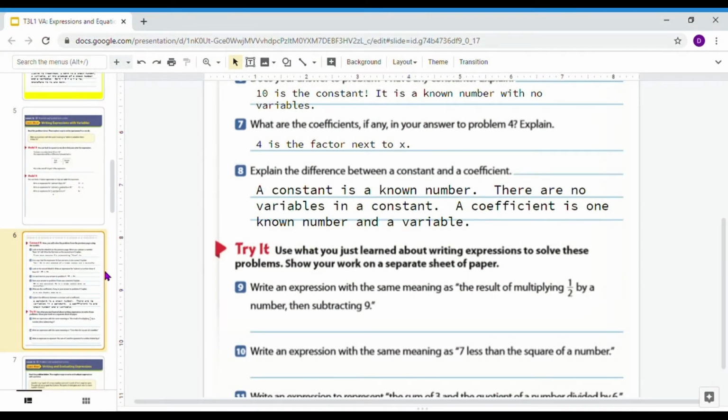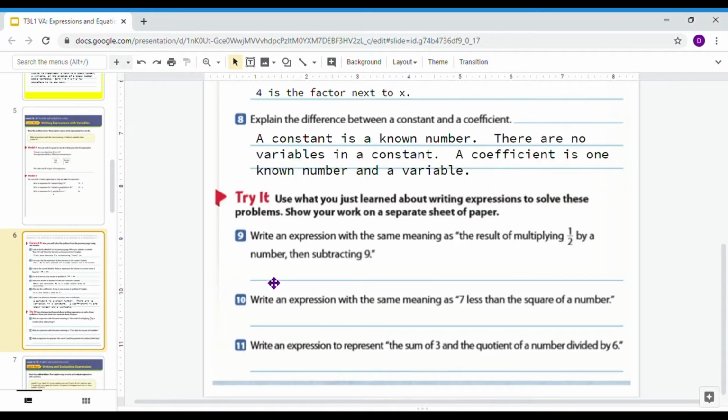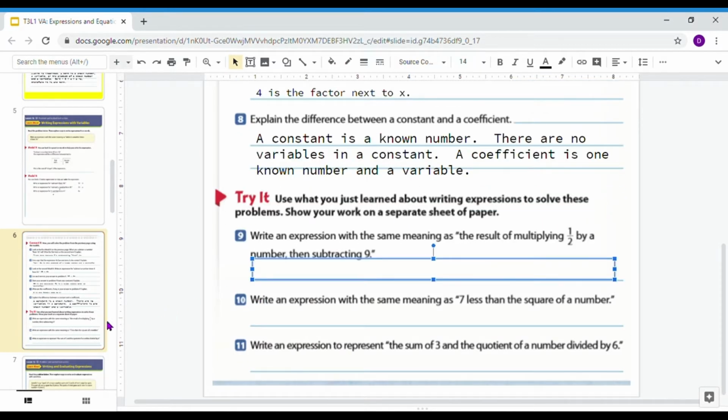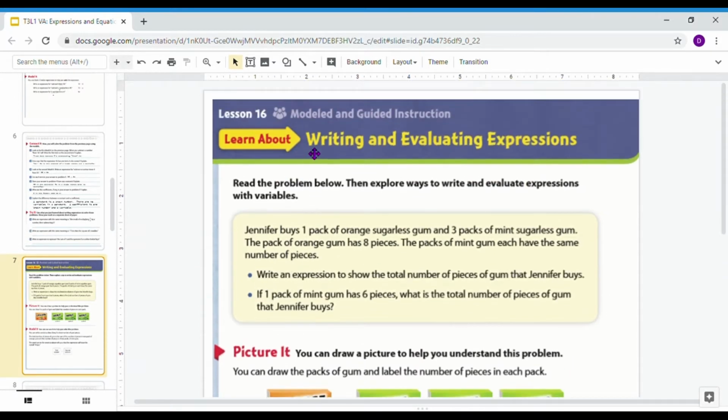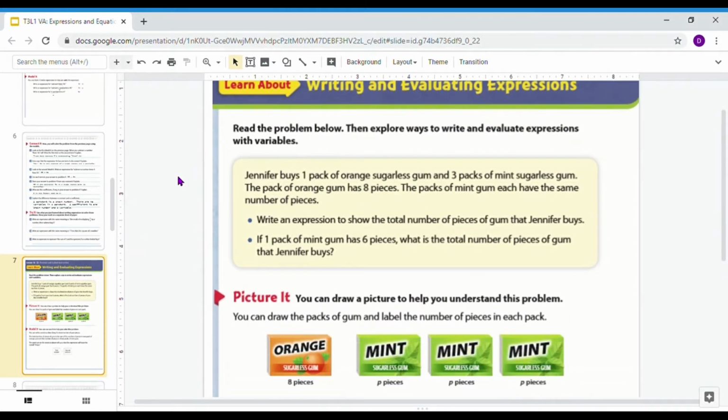So now moving on to our next example problem. This one says, read the problem below, then explore the ways to write and evaluate expressions with variables. So we're going to get a little bit more difficult here.